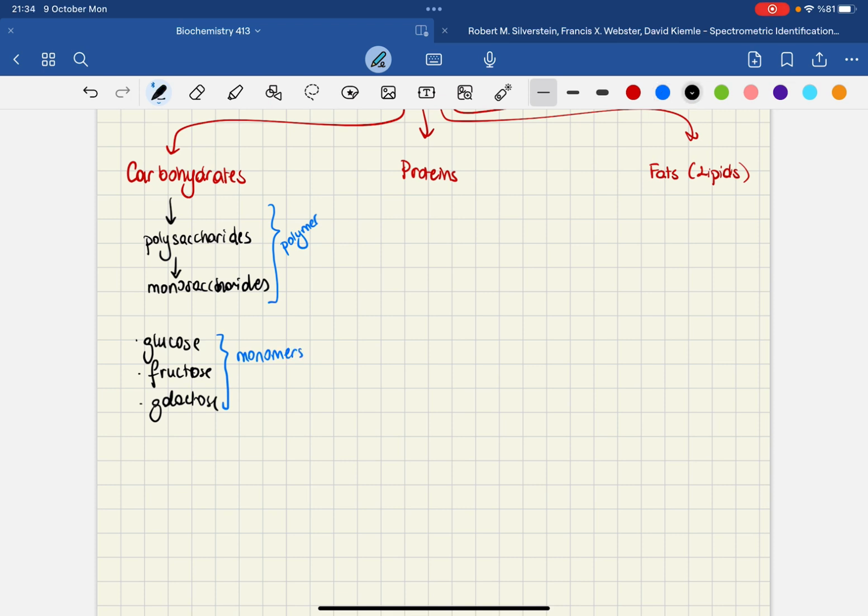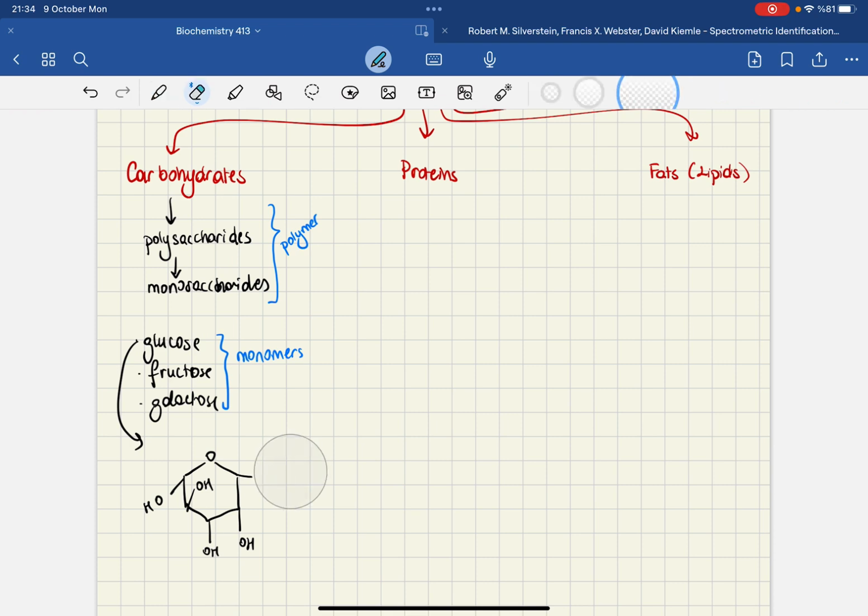Now let me show you the structure of glucose. We have a ring like this, and we have the hydroxide bonding over here, and in here we have another bond.